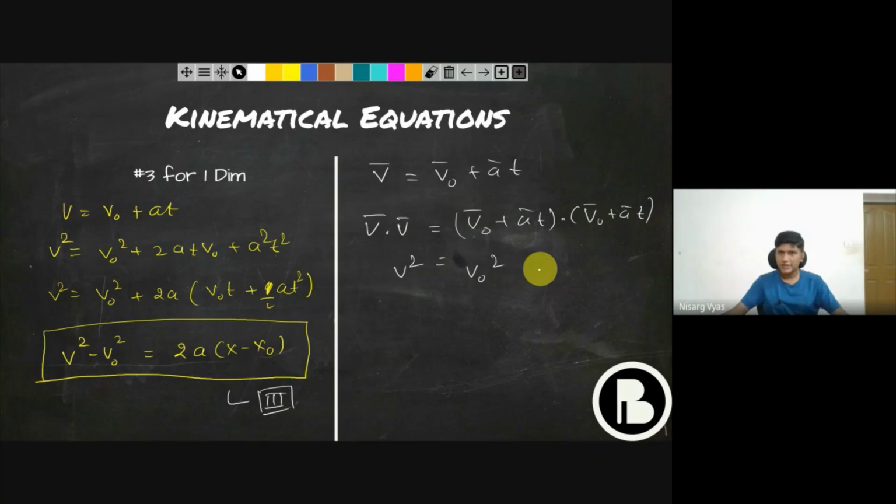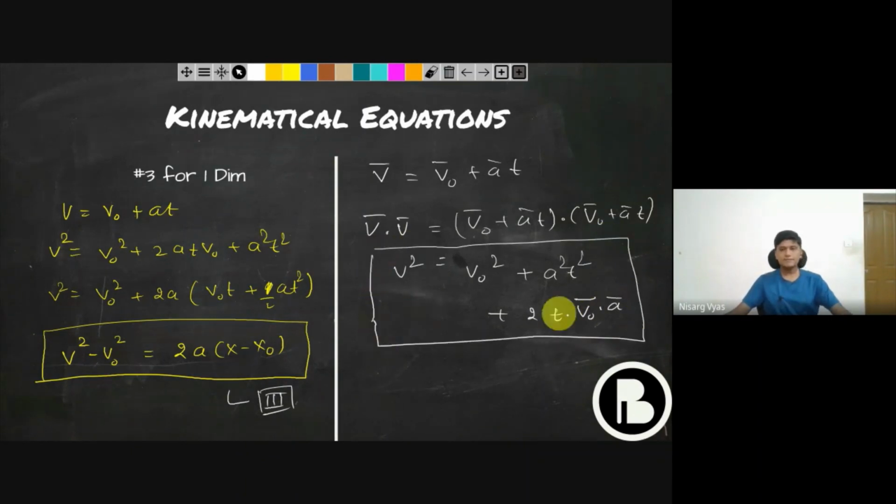This is v naught squared plus a squared t squared plus 2 times t times v naught dot a. This is something that you will get as the third equation. Now if you want, you can change something, but this is the third equation.